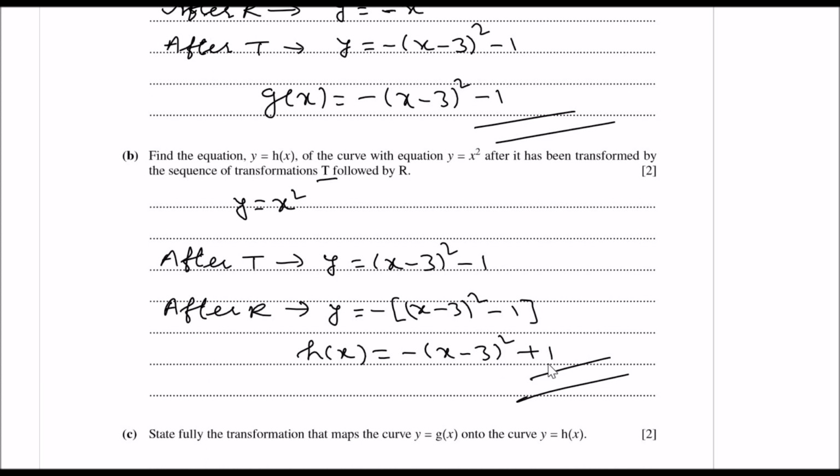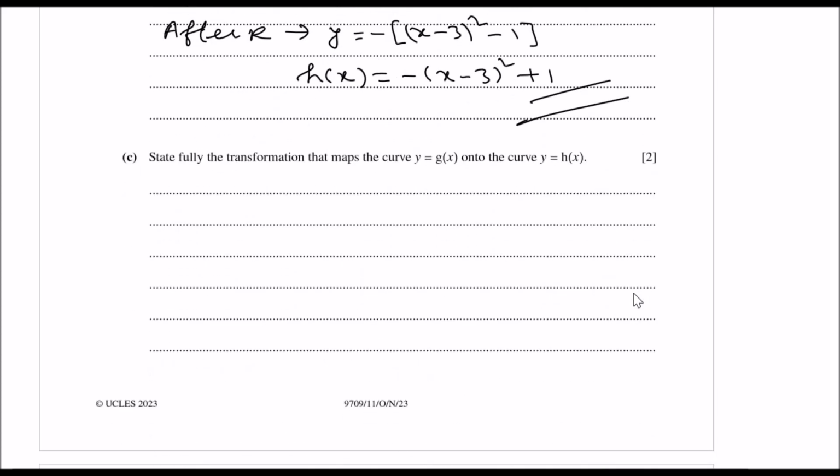So what happens, we can notice that minus 1 becomes plus 1. That is only possible when we have added 2 to g(x). Plus 2 means it is shifting 2 units up. That is a translation, right?